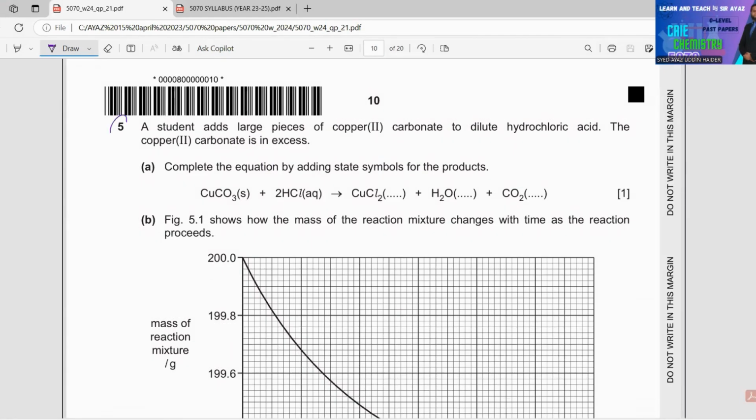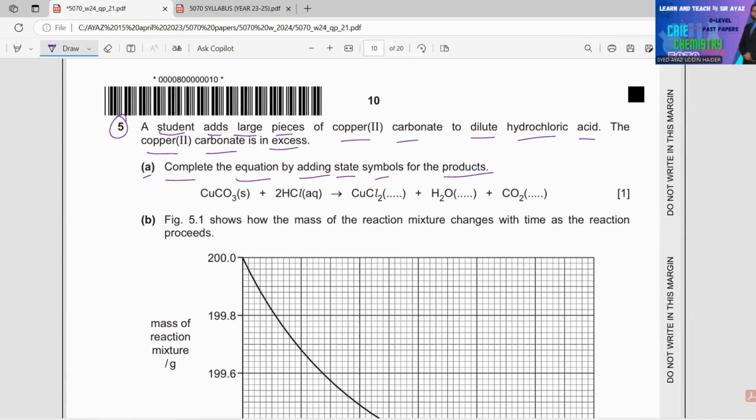Question number 5. A student adds large pieces of copper 2 carbonate to dilute hydrochloric acid. The copper 2 carbonate is in excess. A. Complete the equation by adding state symbols for the products.